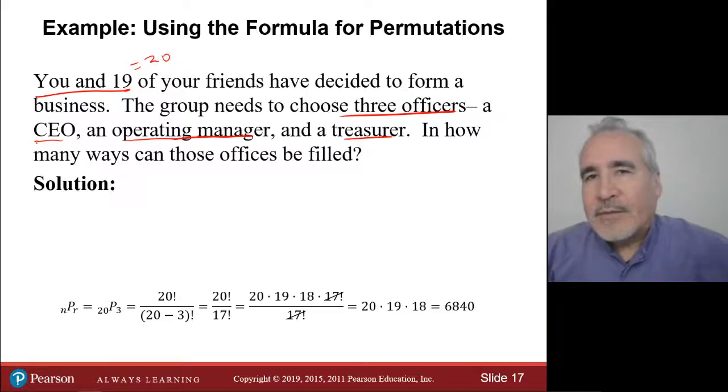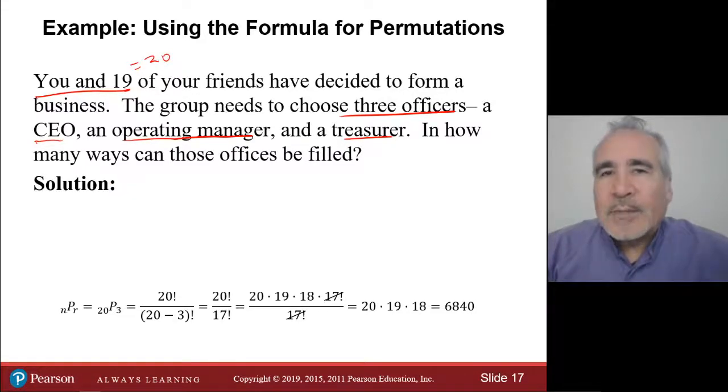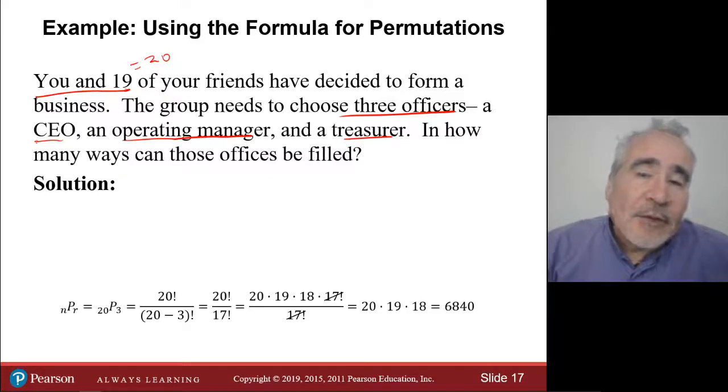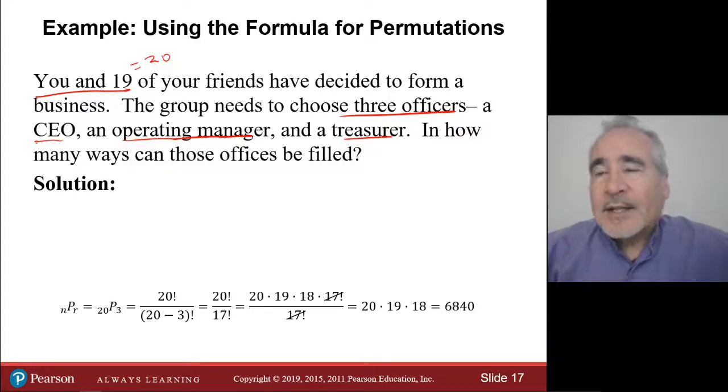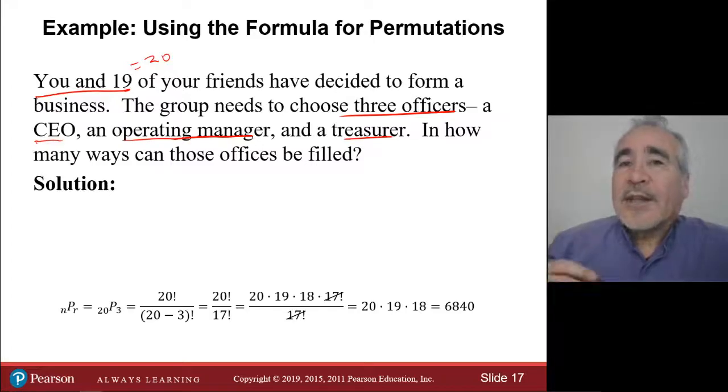Again, choosing different people. Let's just say all the folks you have are very well qualified. Maybe it's going to be randomly assigned. Any one of them could be CEO, any one of them could be operating manager.